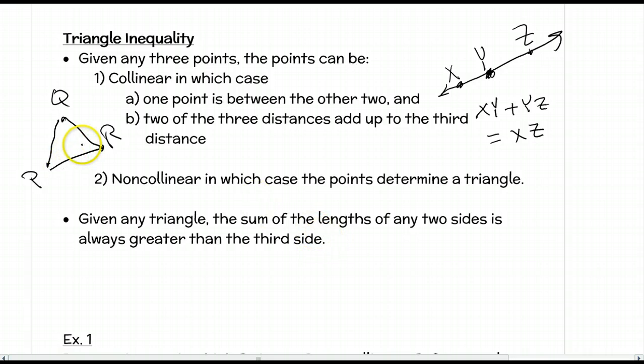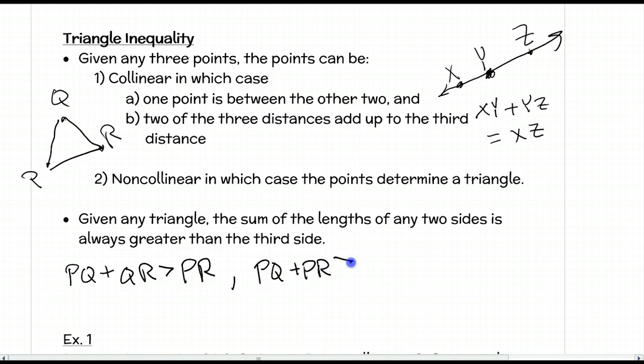So pick any two of these sides, add them up. Let's say we have PQ plus QR. That's going to be greater than PR. Or pick another two sides, let's say PQ plus PR. That's going to be greater than the length of QR.